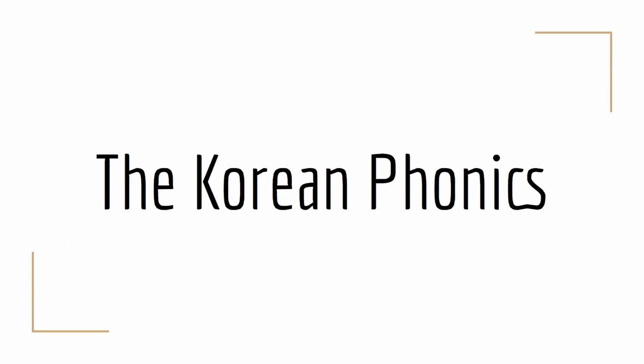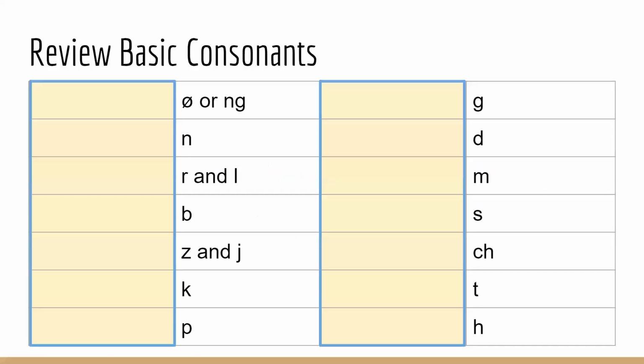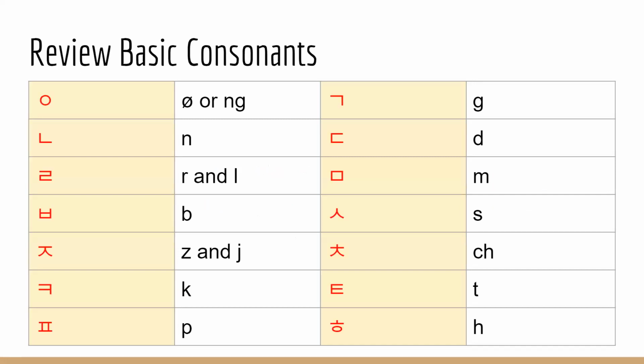Here is our first section, the Korean phonics. Go ahead and pause this video to fill out the blanks. 5, 4, 3, 2, 1. These are all the basic consonants that we have learned.